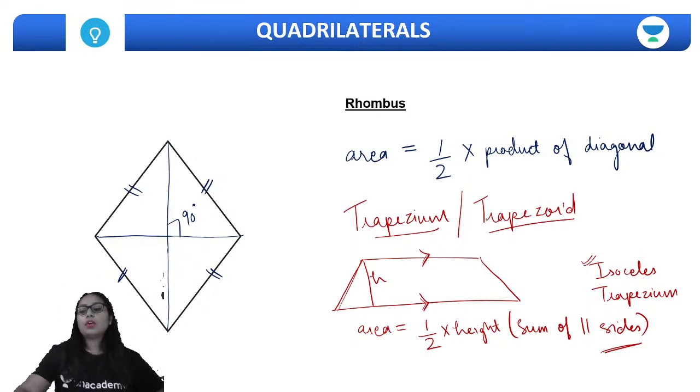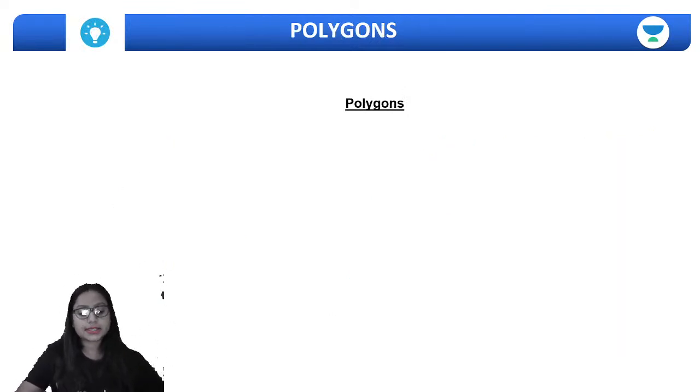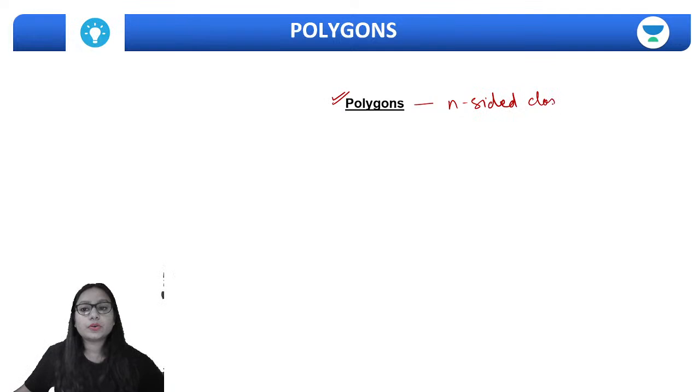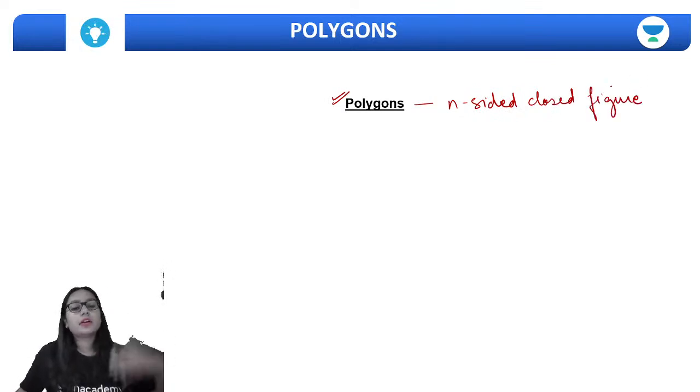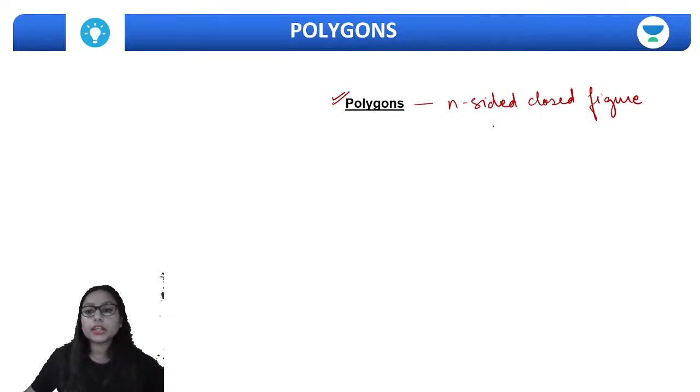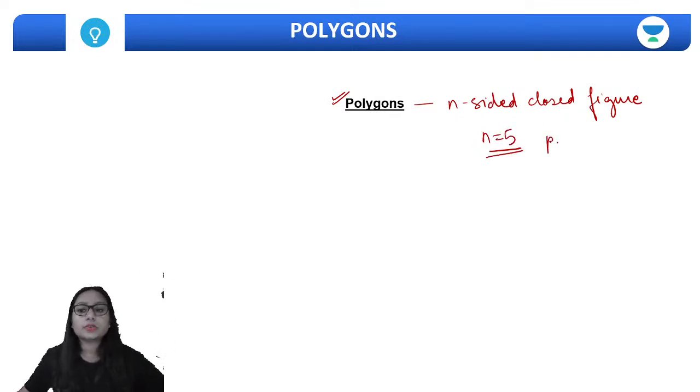Now we are moving towards the last topic of today's class, that is polygons. Let us understand what a polygon is. A polygon is an n-sided closed figure. Examples of polygons are triangles, quadrilaterals, squares, rectangles, trapezium, and all other types of polygons. Any 5-sided polygon is known as a pentagon.